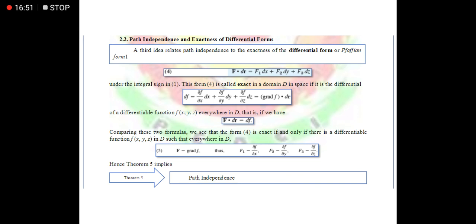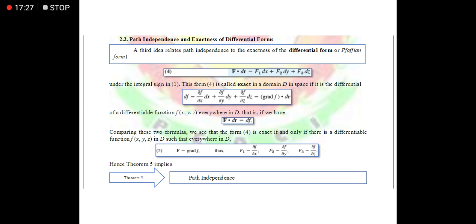It is path independent if and only if it has a differential form of this kind, df equals partial of f with respect to x dx plus partial of f with respect to y dy plus partial of f with respect to z dz, or equals gradient f dot dr.